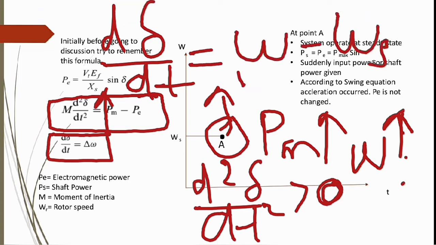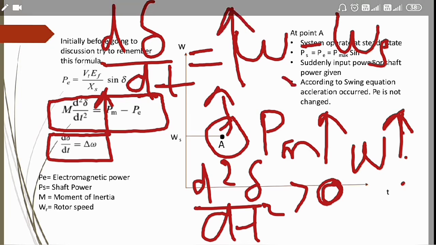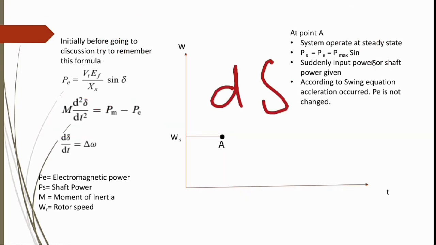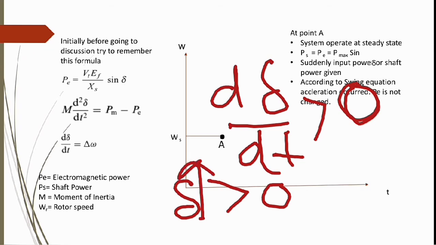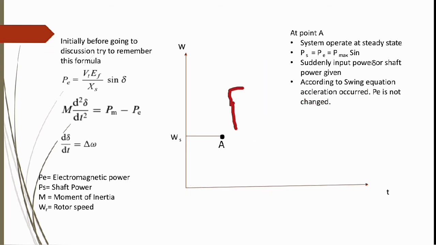So if omega is increasing, that means d delta upon dt is greater than 0. So the value of delta will be increased, that means the value of Pe increases.